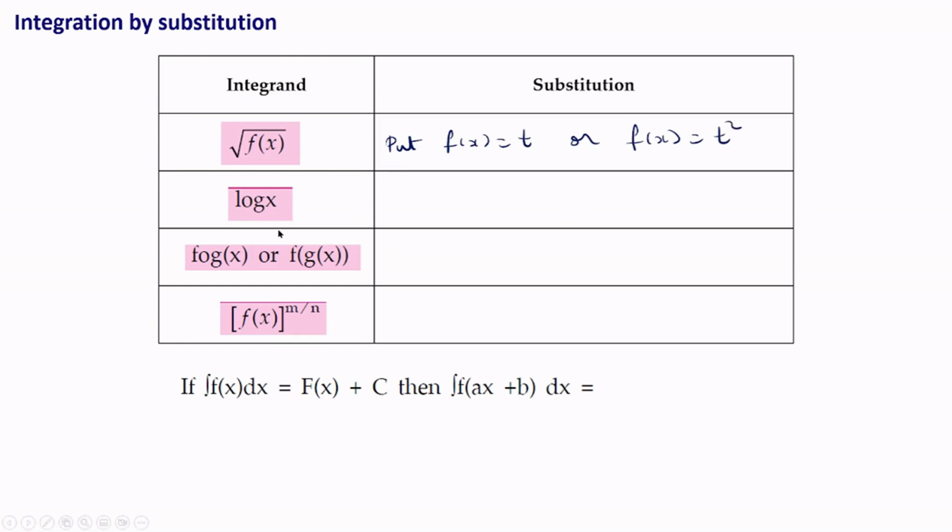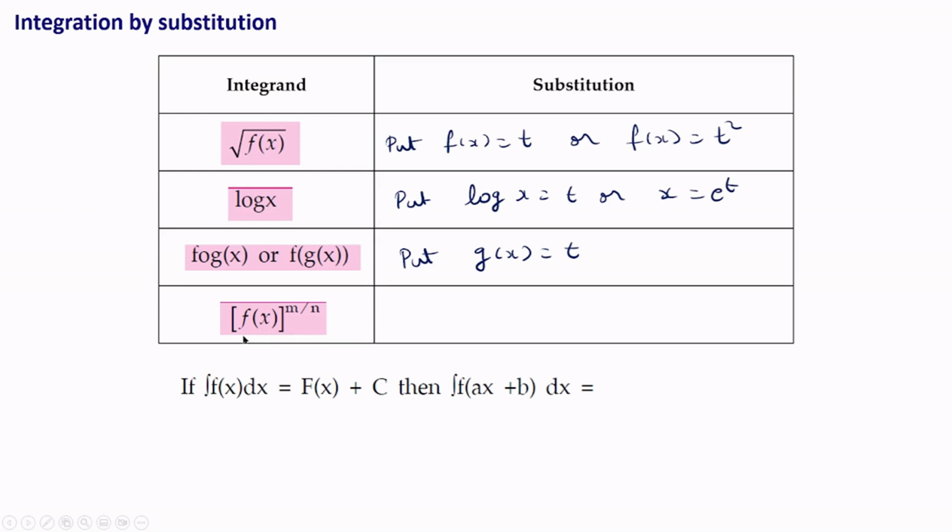And next, if the integrand is log x, then we have to put log x is equal to t or x as e raised to t. And next, if the integrand is of the form f of g of x, then we can put g of x is equal to t.